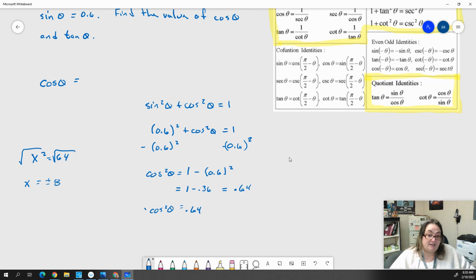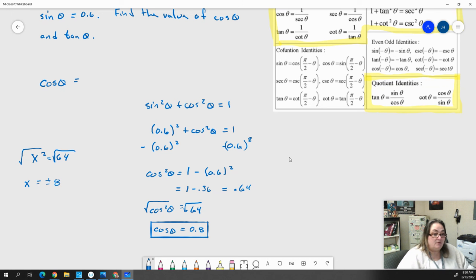So if I take the square root of this and the square root of this, I get cosine of theta equals 0.8, right? Just like if it was an x value, I just take the square root of both sides.